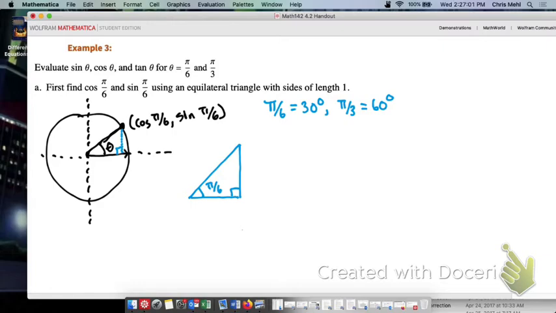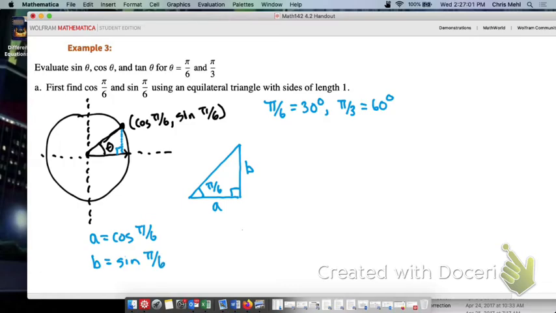Now, I'm just going to call the base of this triangle A, and let's call the height B. But we do know that really the base of the triangle is just the x-coordinate of the point on the unit circle. So we know that A is cosine pi over 6. And the height of the triangle B is just the y-coordinate of the point on the unit circle. That would be sine of pi over 6.